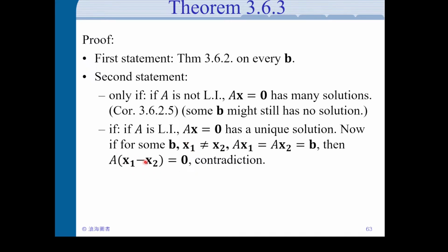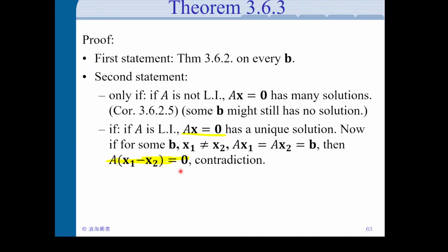So this is an important equation we derived: x1 minus x2 is not equal to 0, but A times this difference equals 0. But then we contradict the fact that Ax equal to 0 only has a trivial solution. So we know this cannot happen. So for every b, Ax equal to b can only have one or no solution.